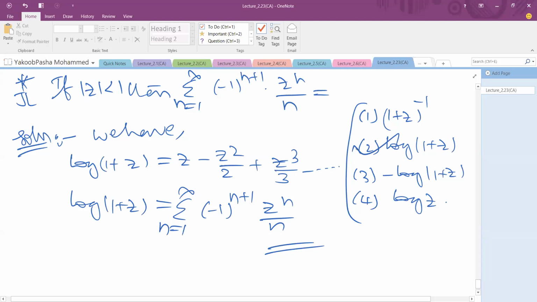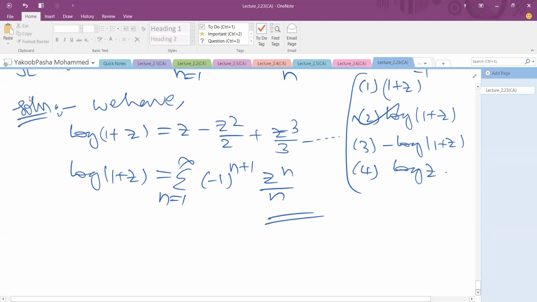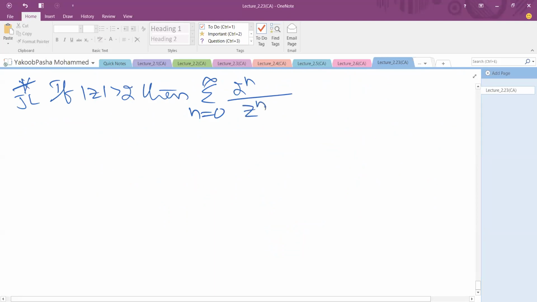Next, in the same JL question paper we have another question. If modulus of z greater than 2, then summation n is equal to 0 to infinity 2 power n divided by z power n+1 is equal to.